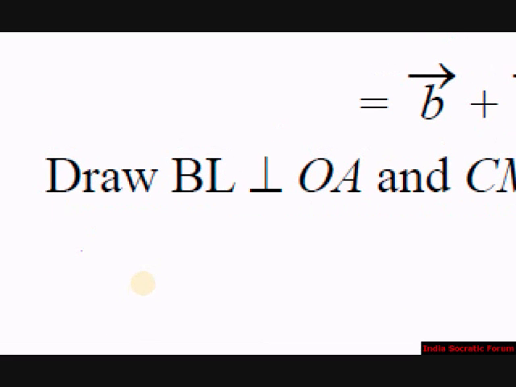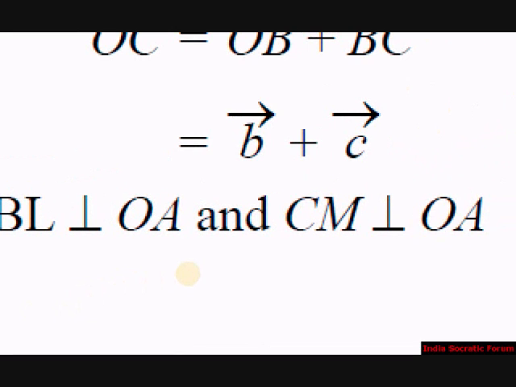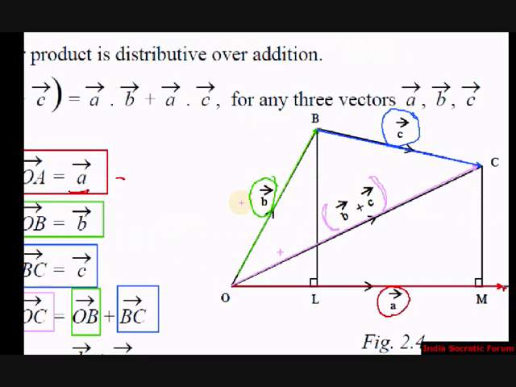Let us draw BL perpendicular to OA and CM perpendicular to OA. There are two perpendiculars. Drawing BL perpendicular to OA is like this, from the point B. If you draw a perpendicular, the angle between them is 90 degrees.